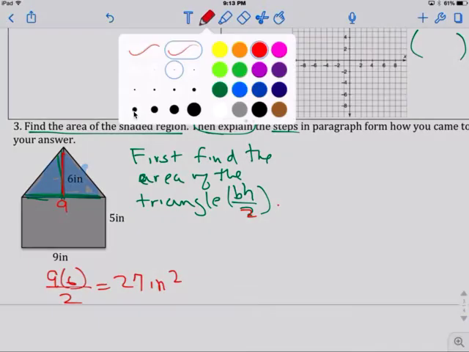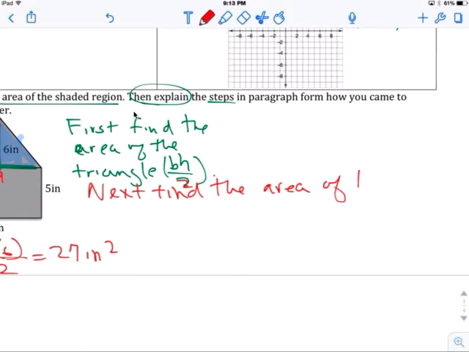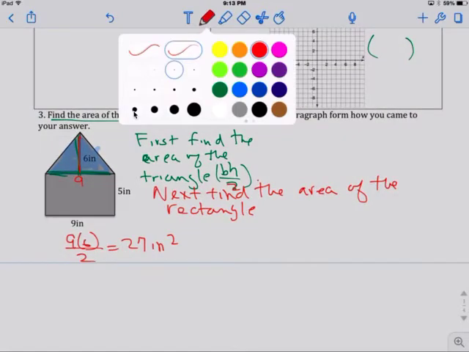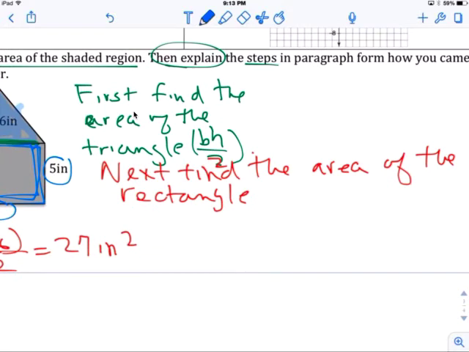Next, find the area of the rectangle right here. Length times width.